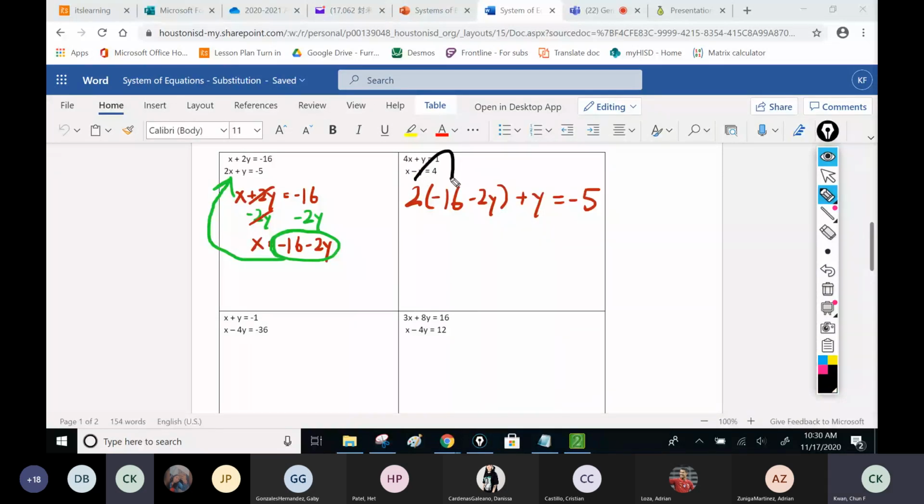And then 2 times negative 16, that's going to get you negative 32. 2 times negative 2y, that's going to get you negative 4y plus y equals negative 5.